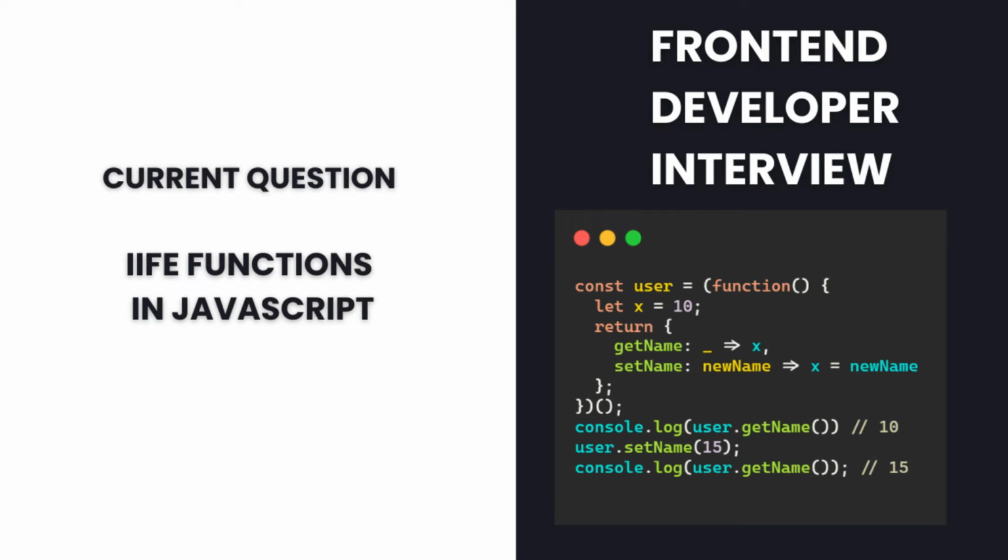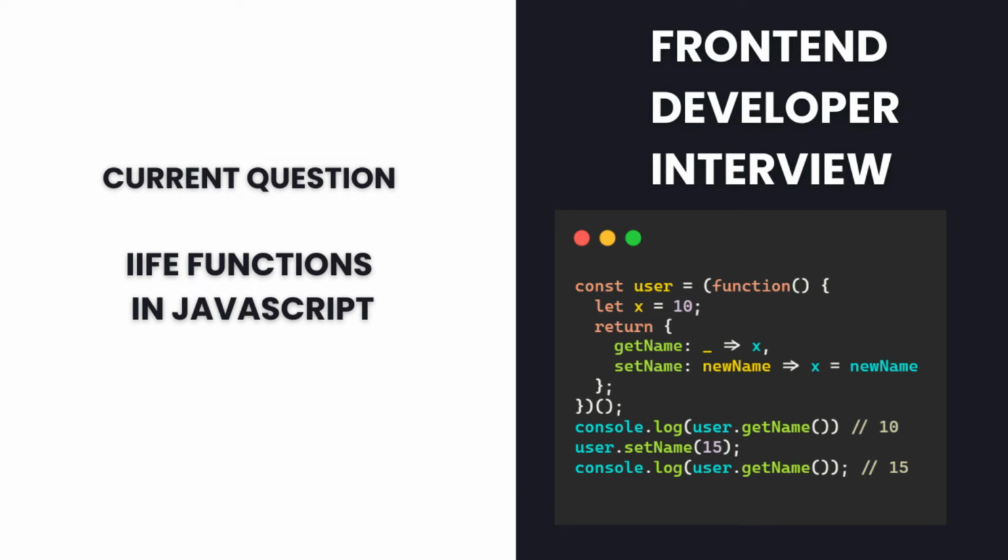Okay. So if we have one variable inside an immediately invoked function, suppose let x equal to 10, then as soon as that file runs, that page runs, it will assign that value to let.